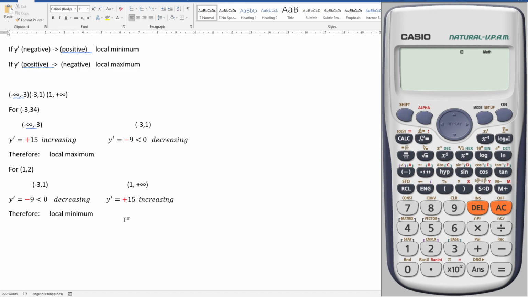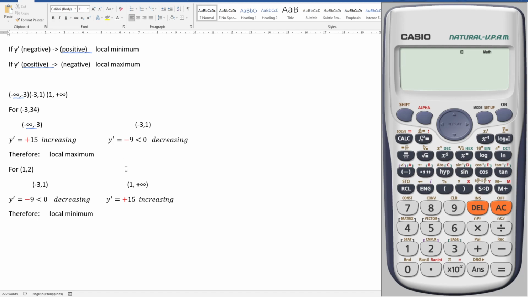So what if, sir, the y prime is positive, with no changes, positive on both sides? It could be that your point is a point of inflection. What is a point of inflection?